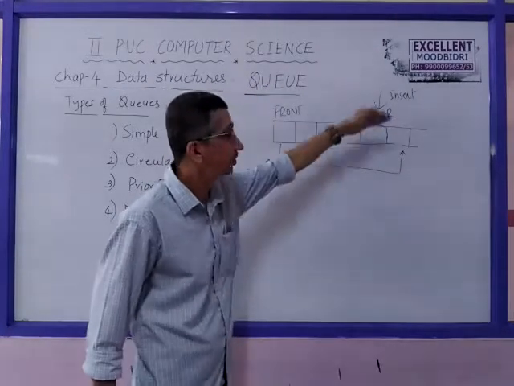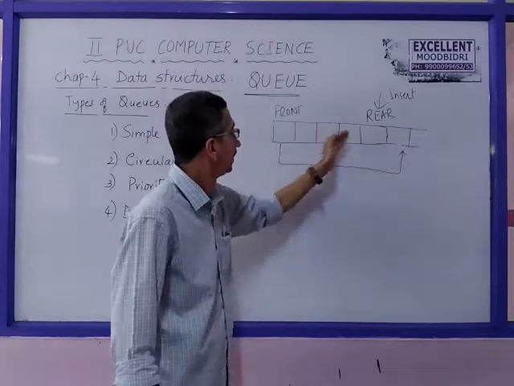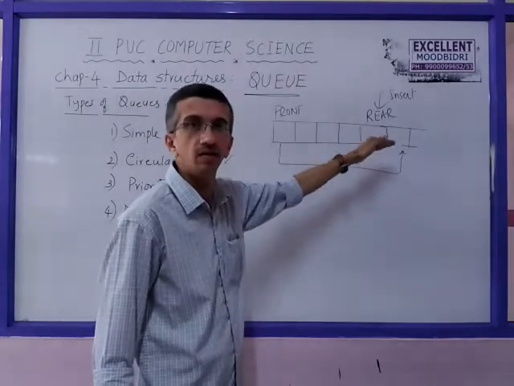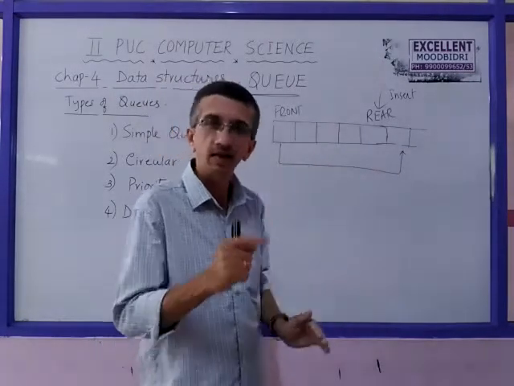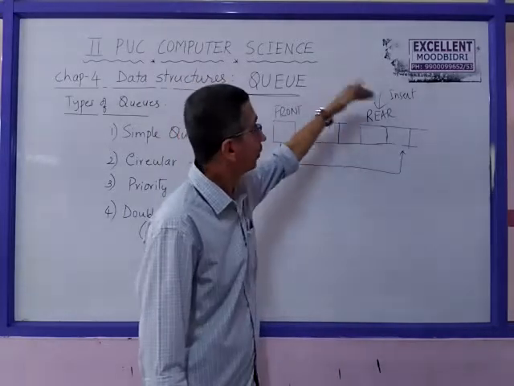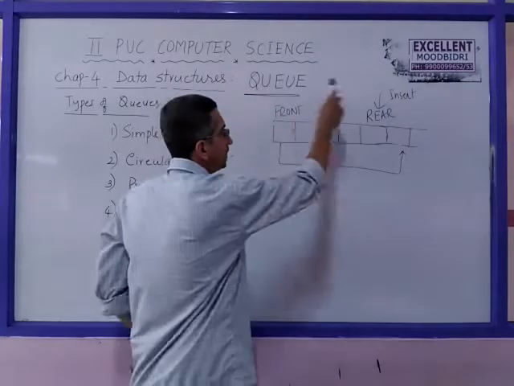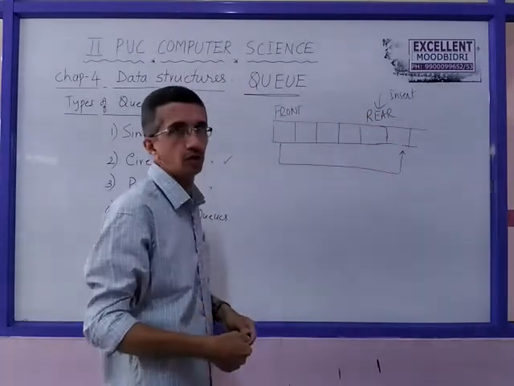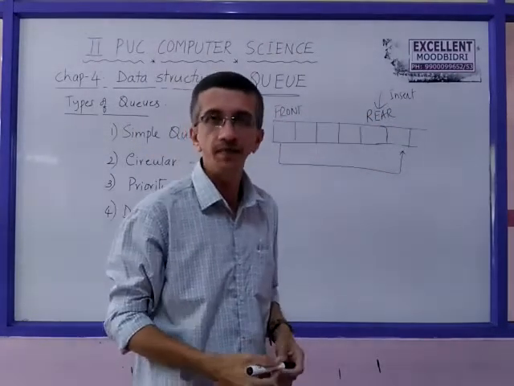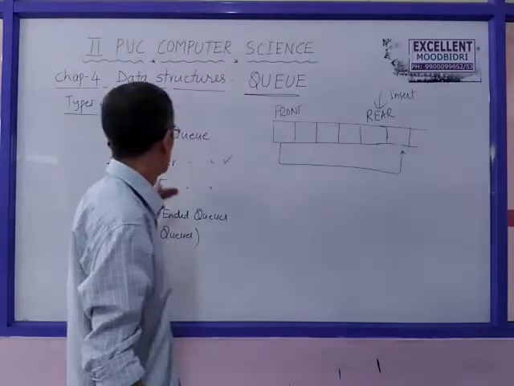The item has to come into the queue again. So when the front and the rear ends are connected, the front follows the rear and the rear follows the front. This is called a circular queue. The items can move in a circular manner in the queue.